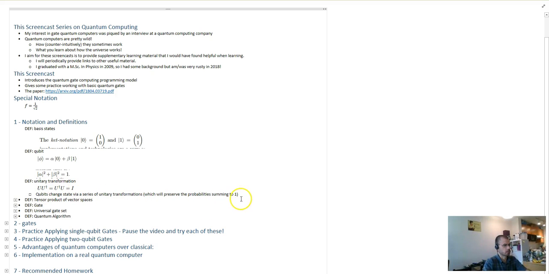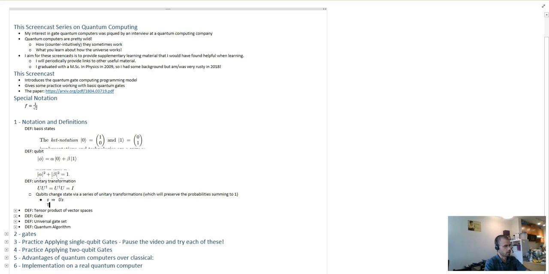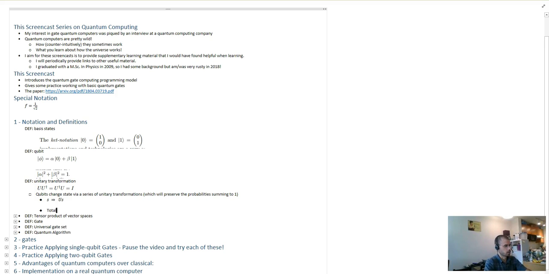These transforms will preserve the probability sum to 1. After one of these transformations, our original state s will become u times s, because it's transformed. The total probability before will just be s dot product with s.